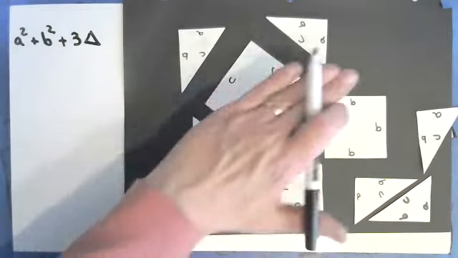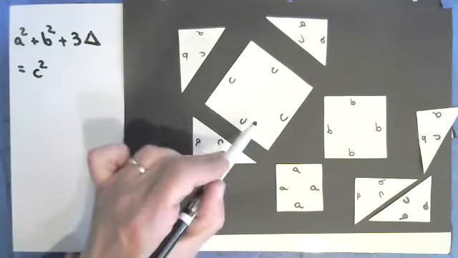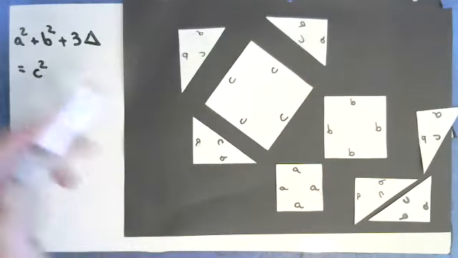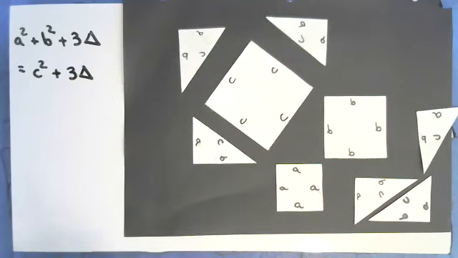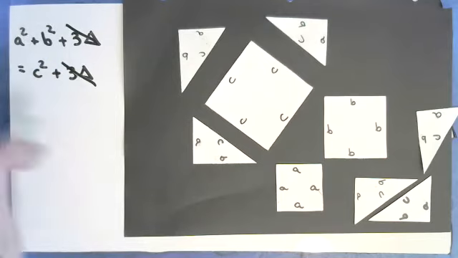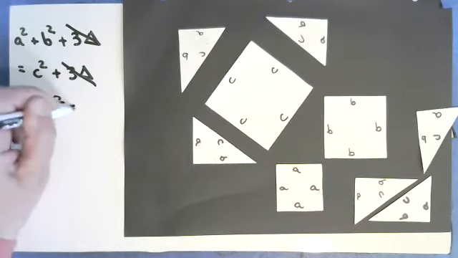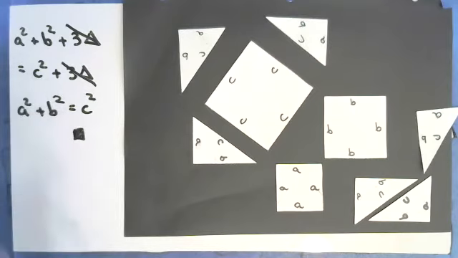And when we had this all together, we said its area was equal to C squared, the area of this square, plus the area of the 3 triangles. And when we pull the triangles away, we're subtracting off the areas of those triangles. So we subtract those off, and what we're left with is A squared plus B squared is equal to C squared, and thus we have proved what we set out to prove.